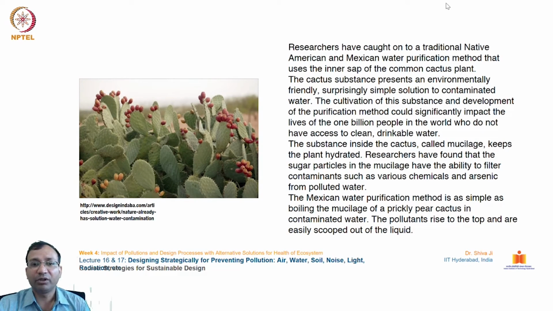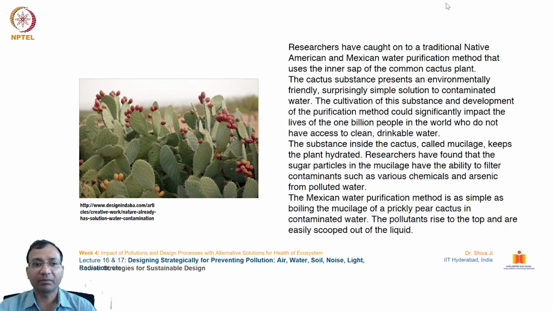The Mexican water purification method is as simple as boiling the mucilage of a prickly pear cactus in contaminated water. The pollutants rise to the top and are easily scooped out of the liquid. So this is how they have traditionally filtered water in some parts of America and Mexico.